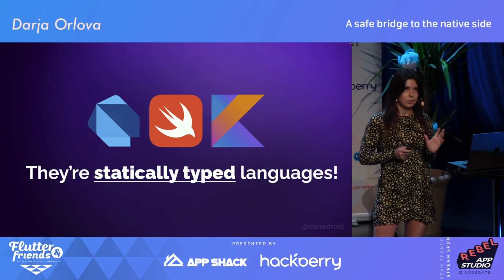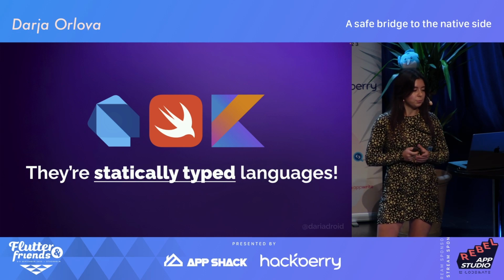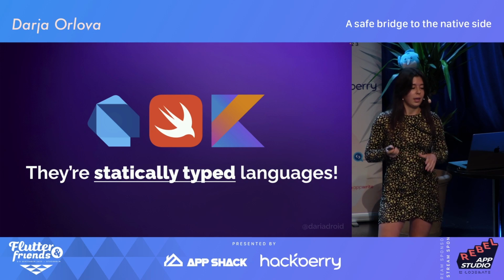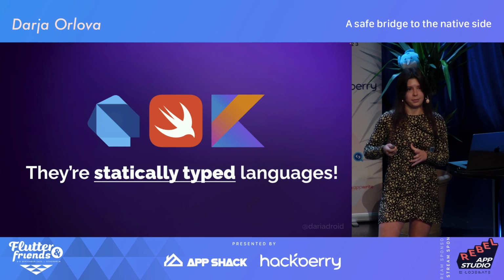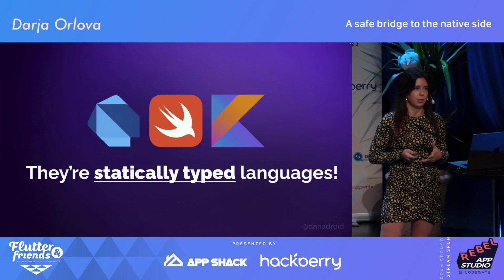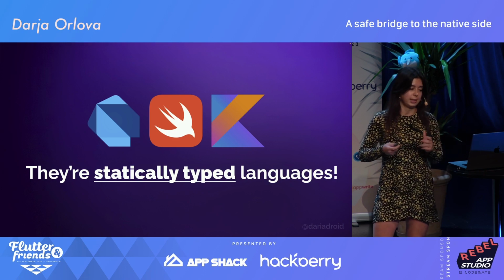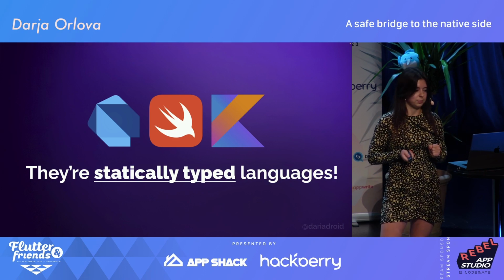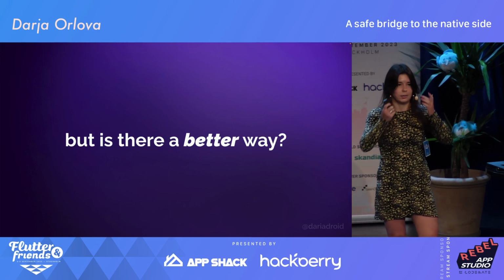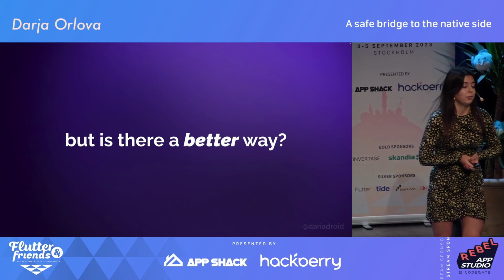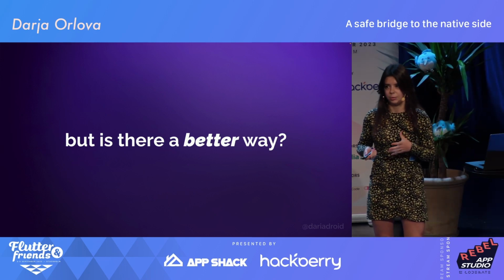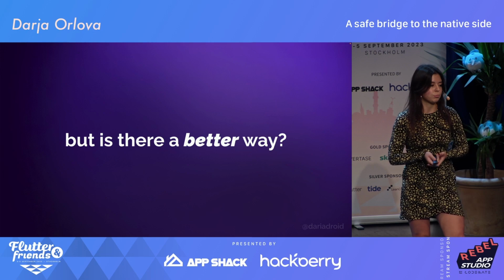Well, in Dart, we can do dynamic, but the types of the variables are known at compile time, and we can work safely with different data types of different variables and be sure that what we expect from our code is happening in our code in terms of types. So we started thinking and researching, well, Googling, is there a better way to do this inter-channel communication between the platforms?